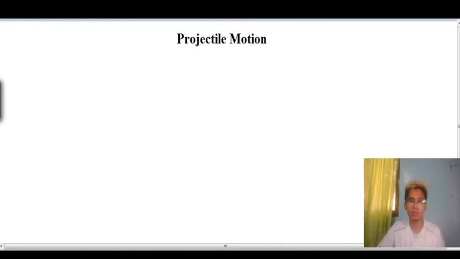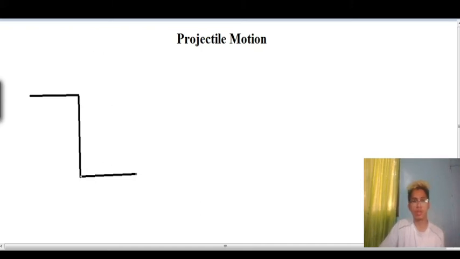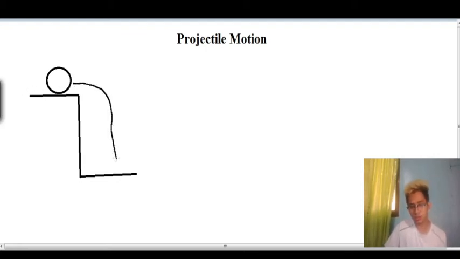So let me introduce to you the possible scenarios in projectile motion, the possible curves that you are going to be dealing with in projectile problems. The first type of trajectory that we are going to solve is when the ball rolls horizontally off a height and forms a parabola like this.